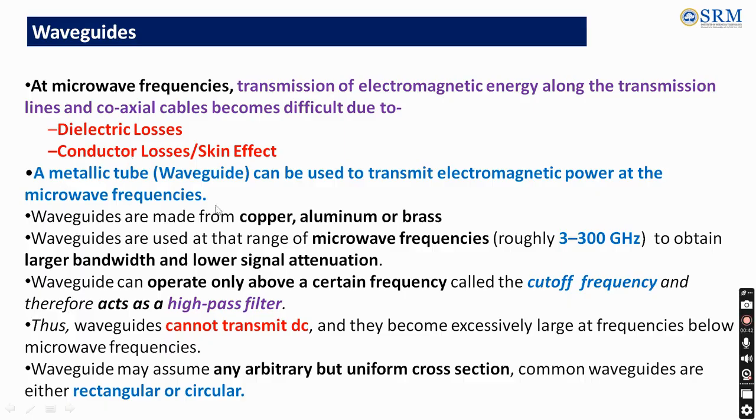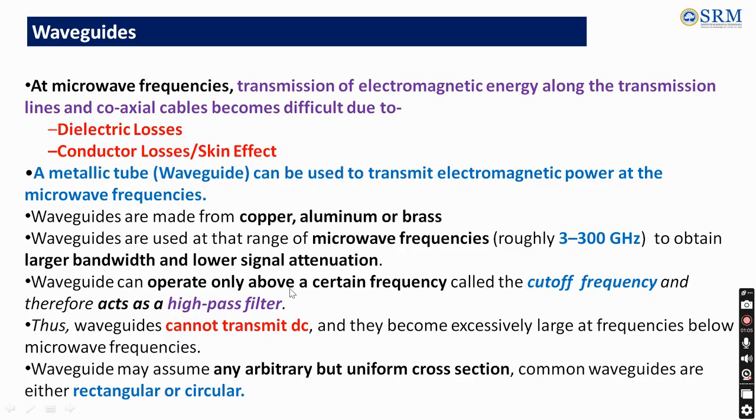Since it's a metallic tube, it is made of copper, aluminum or brass, and it is used at microwave frequencies, covering 3 to 300 gigahertz, and is able to handle a larger bandwidth and carry the electromagnetic signal with lower signal attenuation.